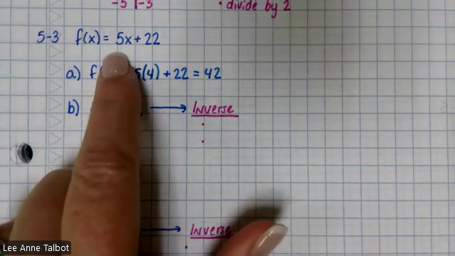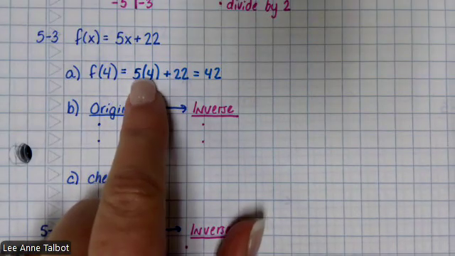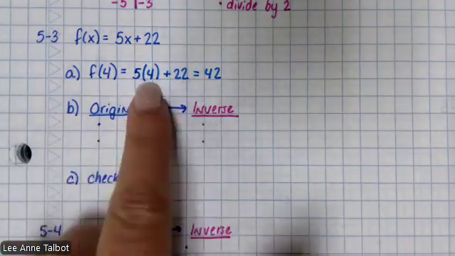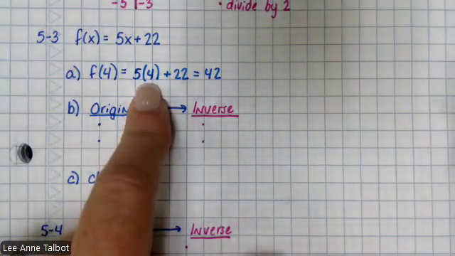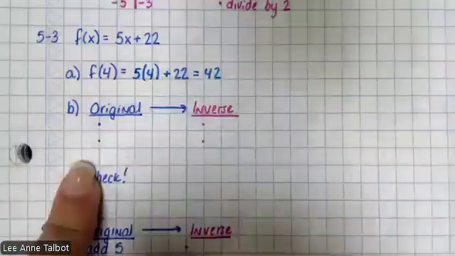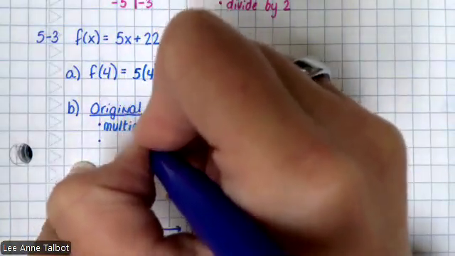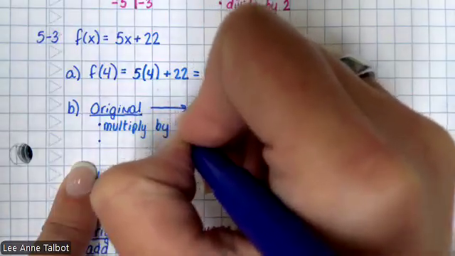Okay, now the whole point of that was to kind of establish order of operations so you could see it visually. If I plug 4 in, what would be the first thing I would do to it? Multiply by 5.